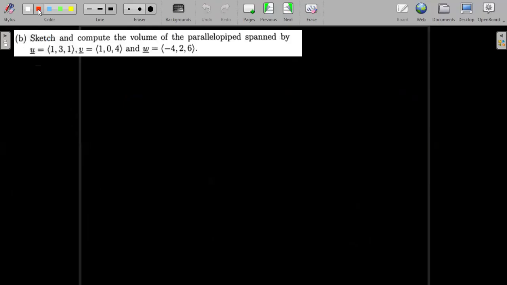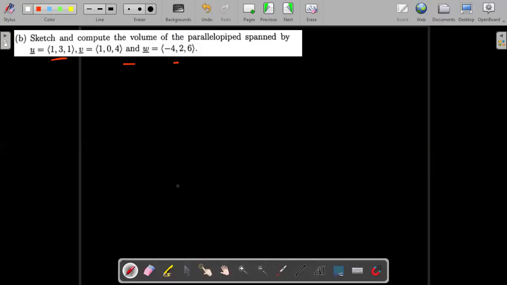In the next question, we're being asked to sketch and compute the volume of the parallelepiped spanned by these three vectors here. To sketch, we will have three axes: the x, the y, and the z axis.